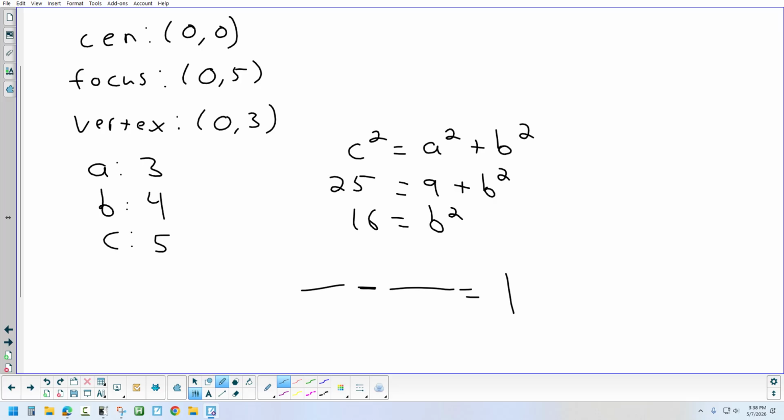The x's and y's are always in the top. Oh, the denominator. I'm not sure. So what are the 2 letters that we used in the denominator for an ellipse?